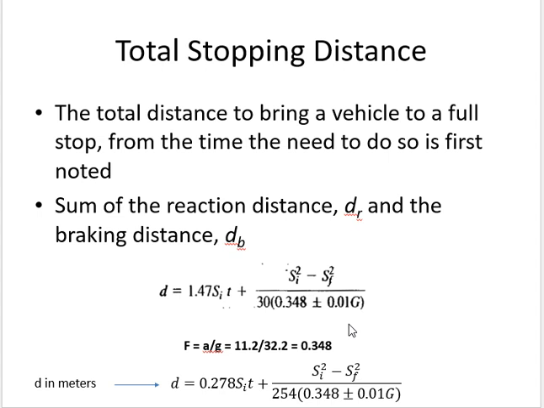And what is this 1.47? Conversion factor. The first equation will give you the result in feet, the second equation will give you meters. In the first equation, speed is in miles per hour; in the second, speed is in kilometers per hour. Clear? Any questions?